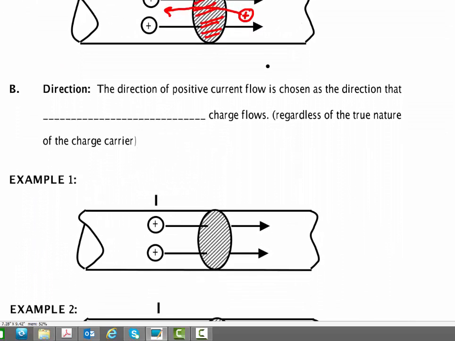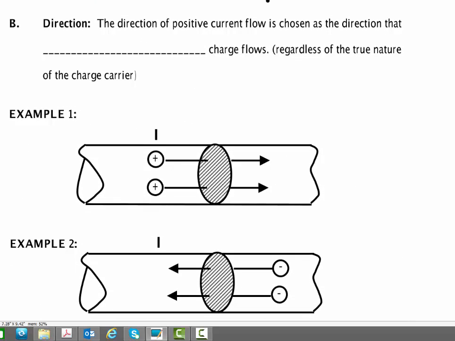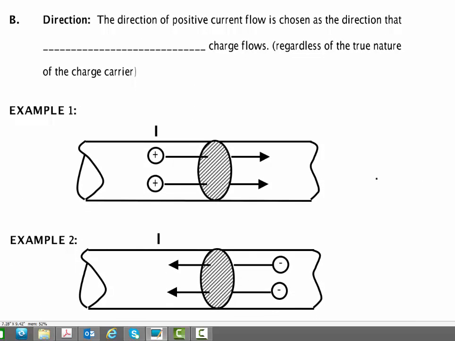And note this important fact: we're going to define the direction of positive current flow as the direction that positive charge flows, regardless of what is the actual charge of the particle that is moving. So here we see positive charges and they're moving this direction. The current I is also in that direction.